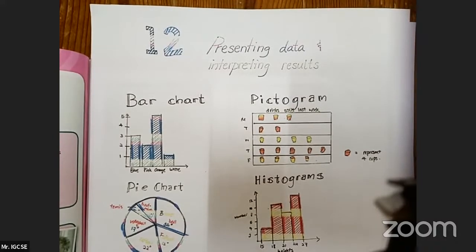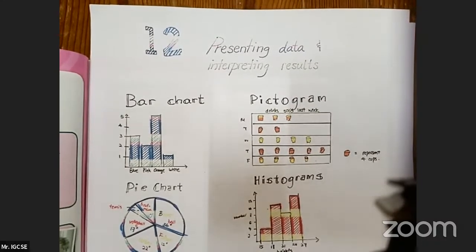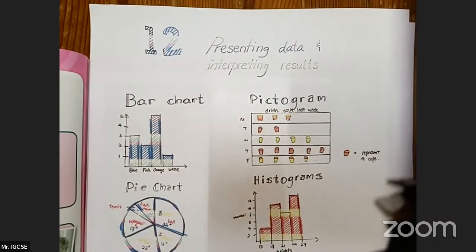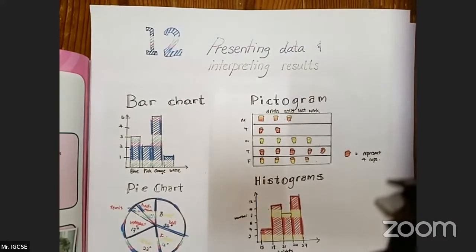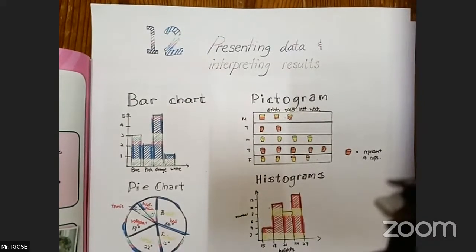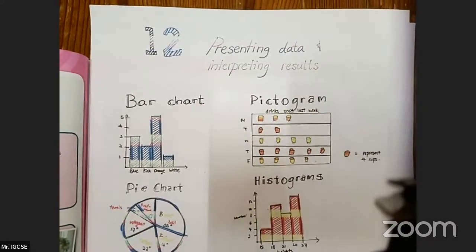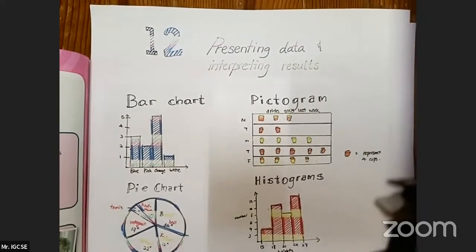Today we are doing some representing information. Imagine that you ask the whole class what the favorite fruit of your class is, and then you have gathered all this raw data, first-hand data, and you need to manipulate it.